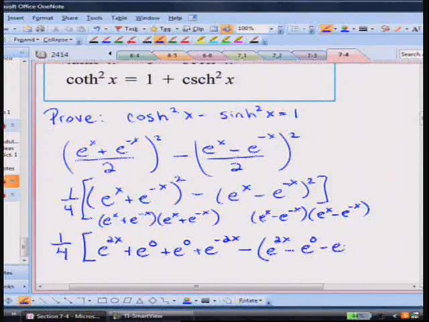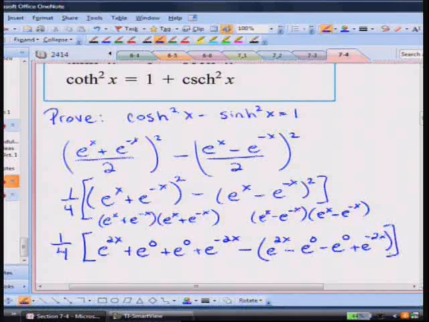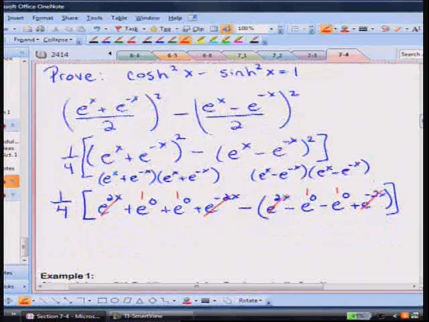This will also be minus e to the 0, and this will be plus e to the negative 2x. So if you're having a good day, you should see, because you're subtracting all of this, this is going to cancel with this, and then this is going to cancel with this, and then e to the 0, of course, is 1. So this is 1, this is 1, this is 1, and this is 1, but you're subtracting the 1s, and so that makes 4.